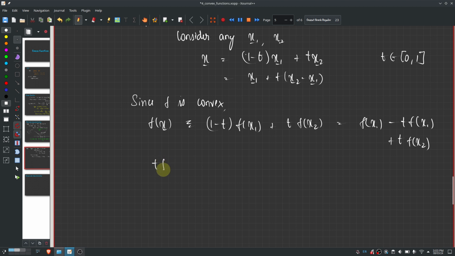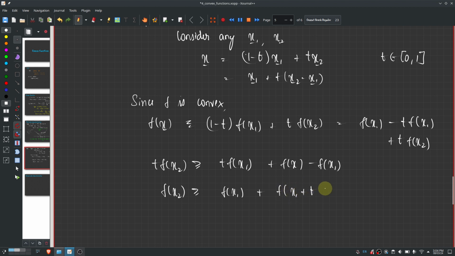So I have t times f of x2 is greater than or equal to t times f of x1 plus f of x minus f of x1, or f of x2 is greater than or equal to f of x1 plus (f of x1 plus t times (x2 minus x1) minus f of x1) divided by t.